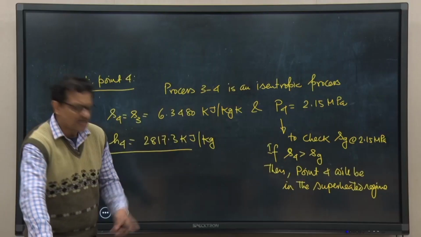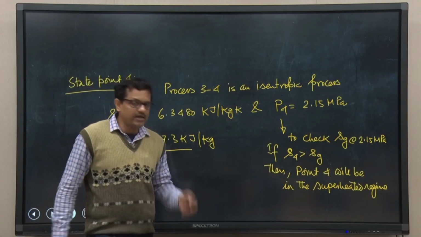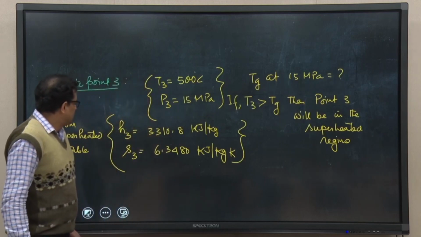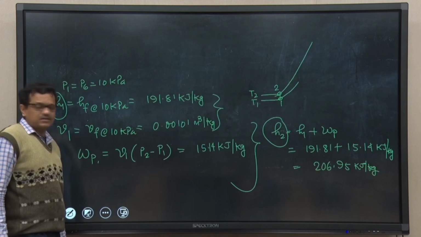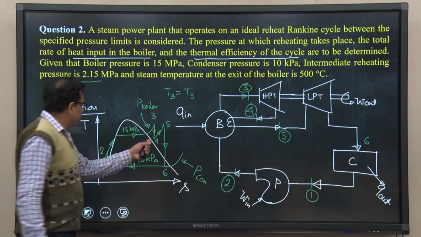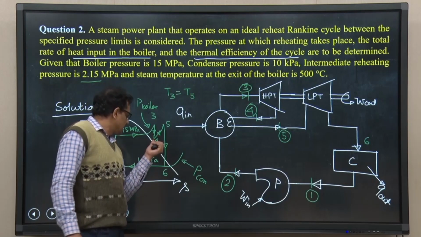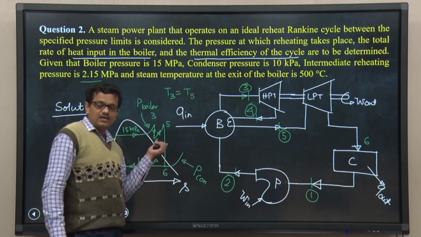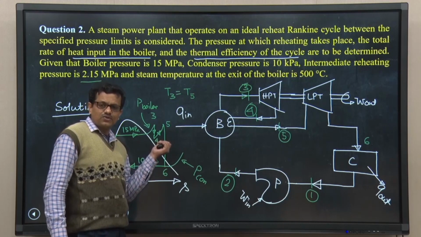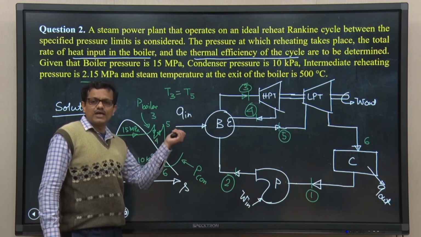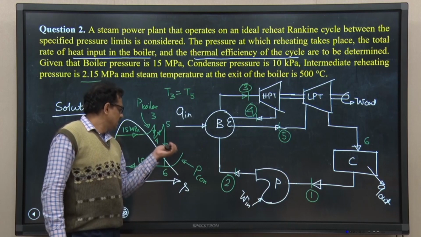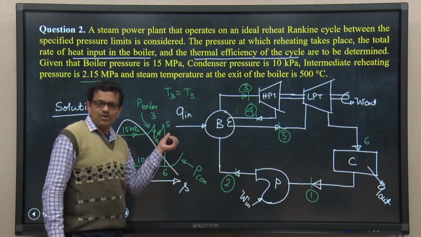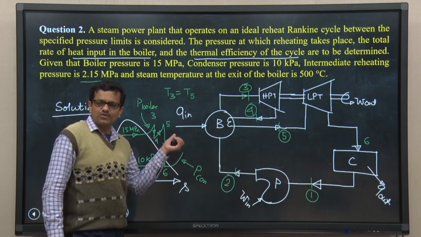Let me tell you another important point. If the case is like this, point 4 is on the saturated line, then H4 should be Hg corresponding to that pressure. Since point 4 is in the superheated regime, we can directly calculate it from the superheated table.